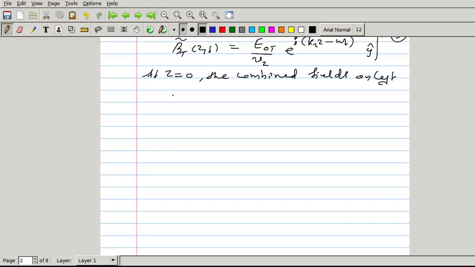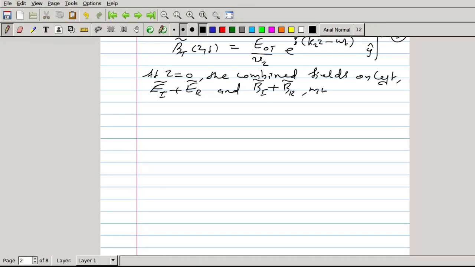on the left hand side, we are having both incident wave and reflected wave. So the combined field on the left will be E incident plus E reflected. This is the combined electric field on the left side, and B incident plus B reflected is the combined magnetic field on the left side.